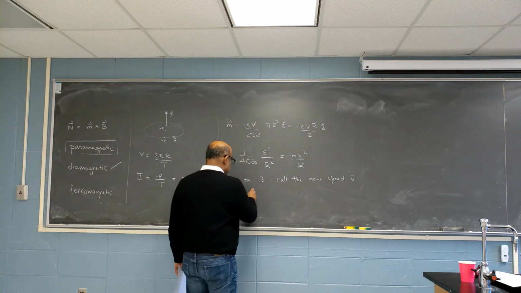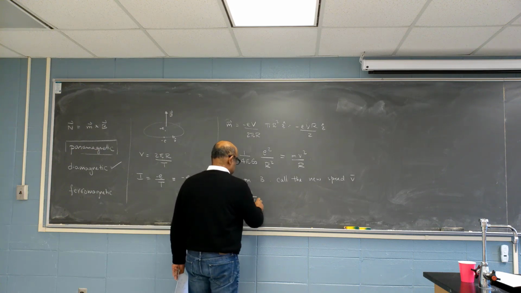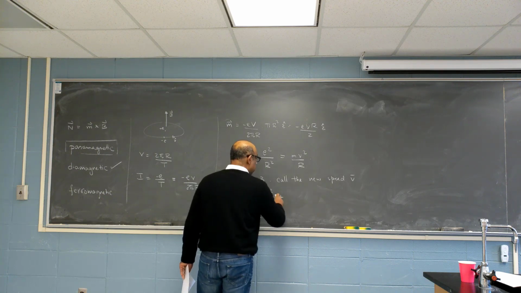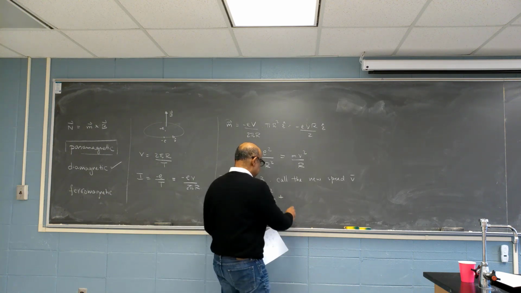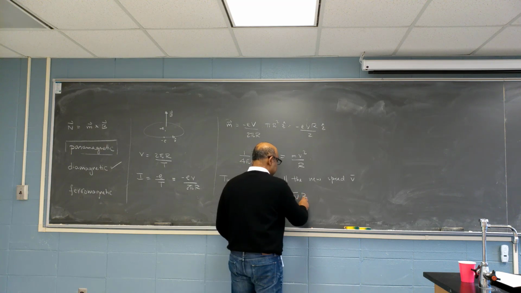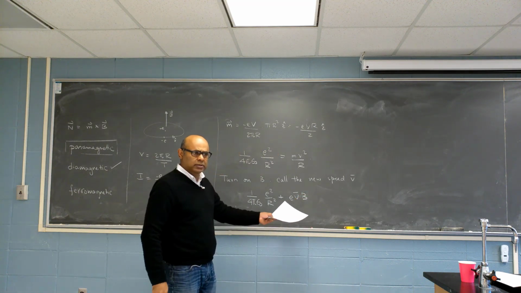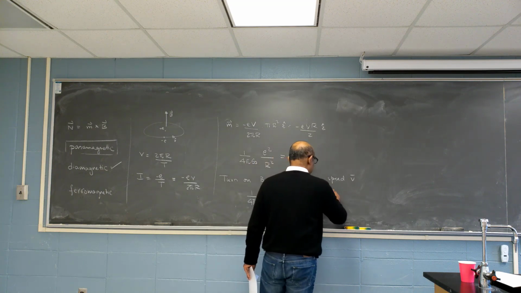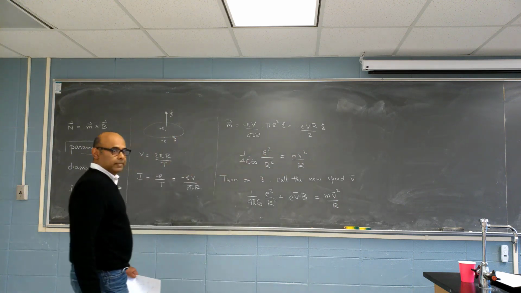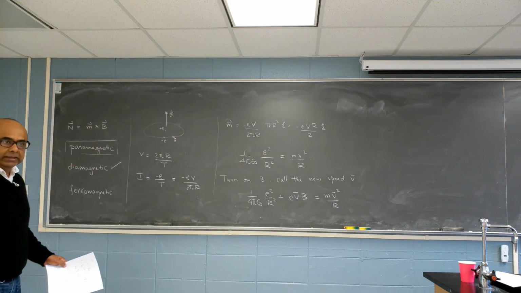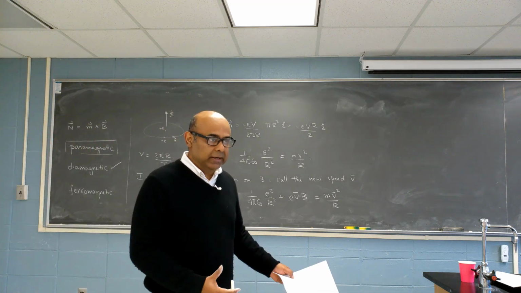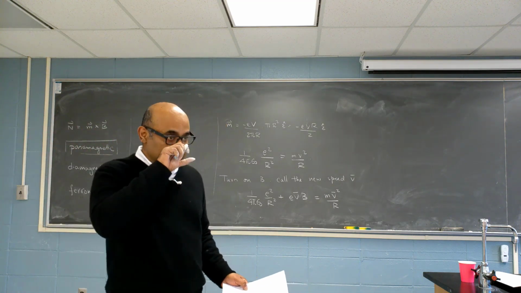And so you will get Coulomb's law plus E V bar B, because this is now an additional force. That's equal to m V bar squared over r. The net centripetal force is mv squared over r. You add up all the radial forces, that has to equal mv squared over r.